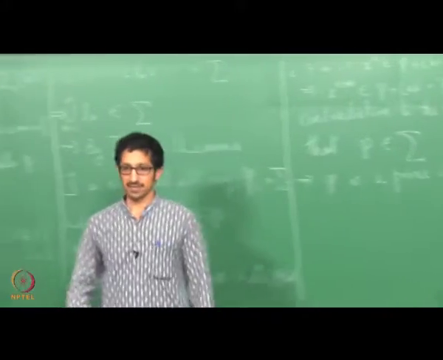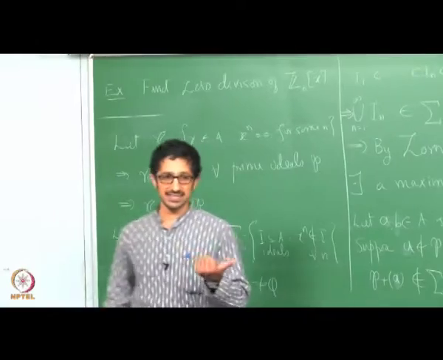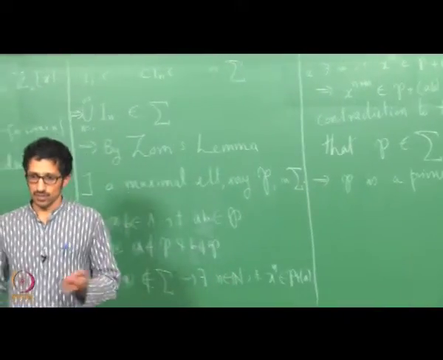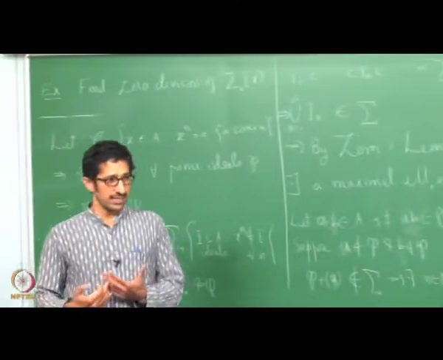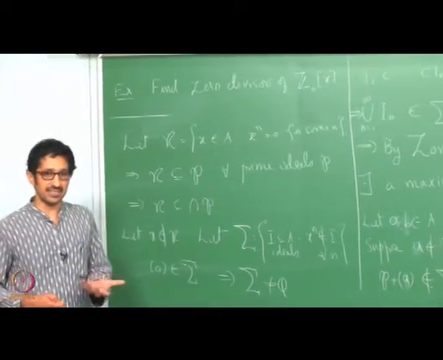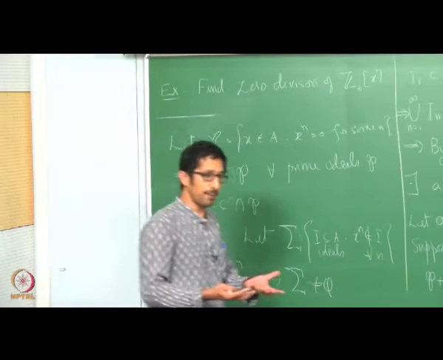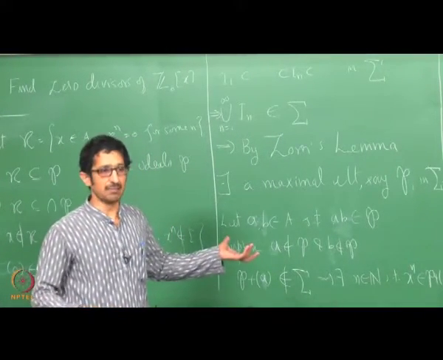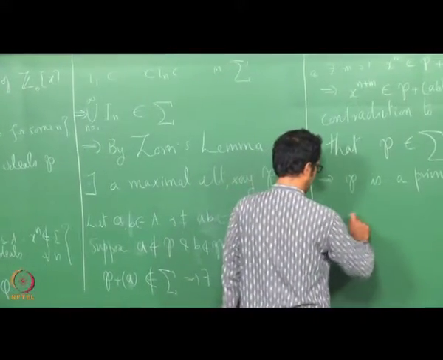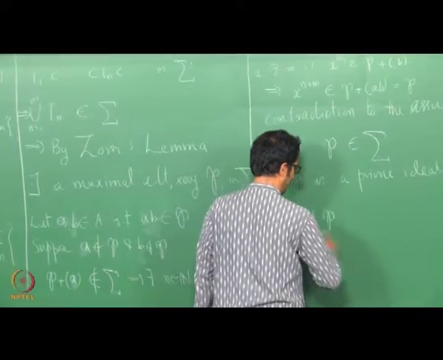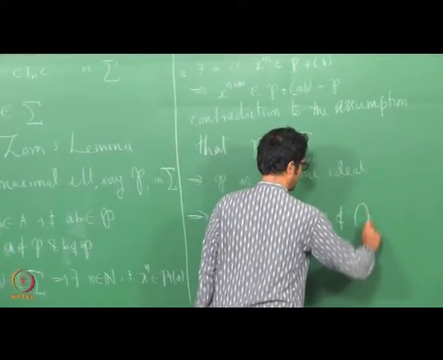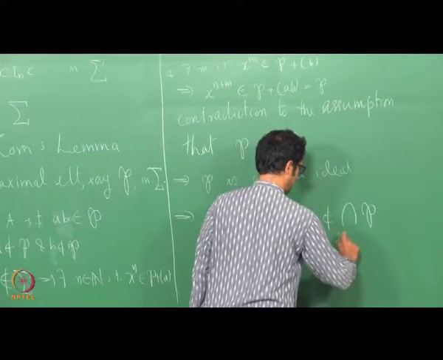So, P is a prime ideal in sigma, which implies that P does not contain x. What we have done is, if x is not nilpotent, we have come up with a prime ideal which does not contain the given element. So x is not in P, and that implies that x is not in the intersection of prime ideals.